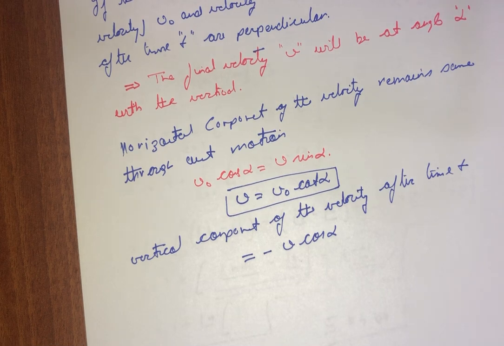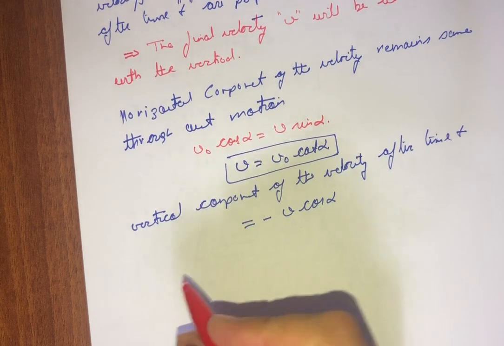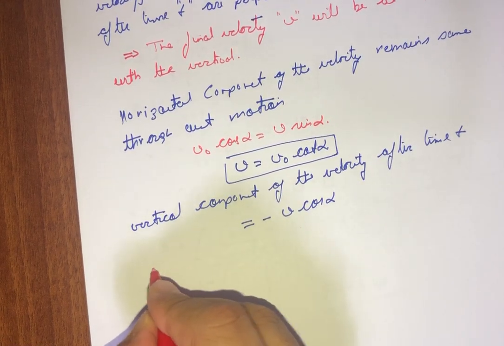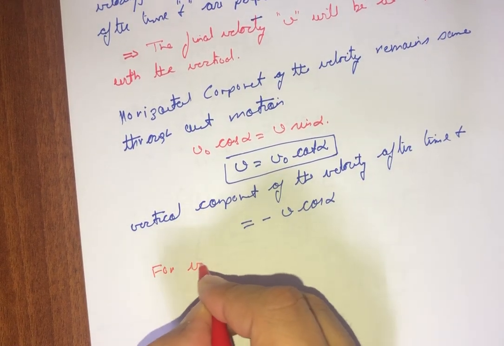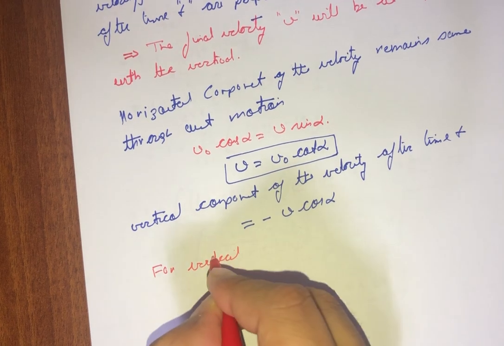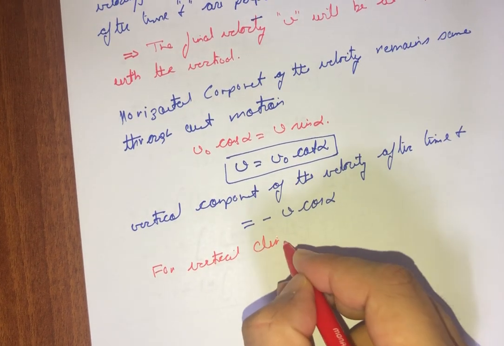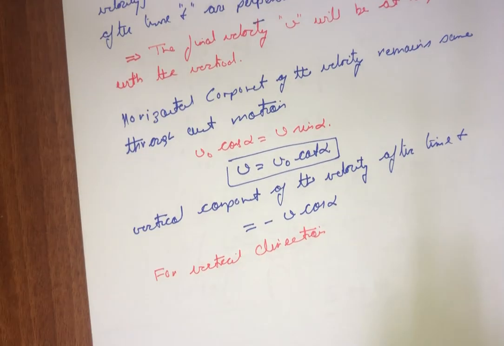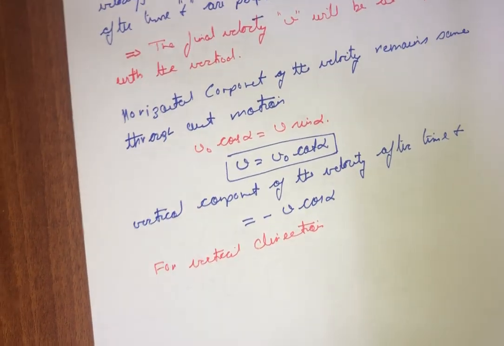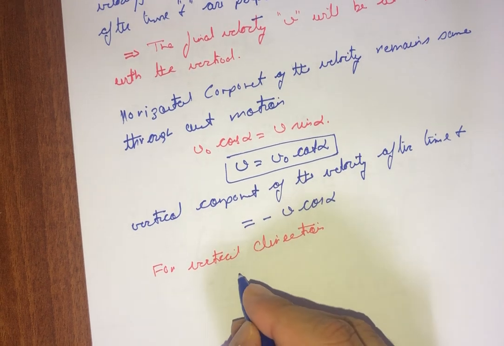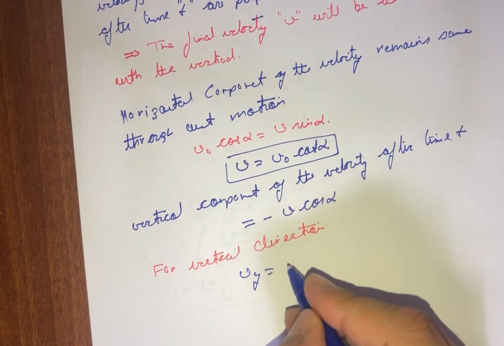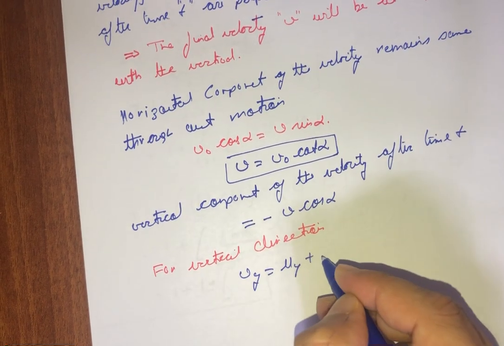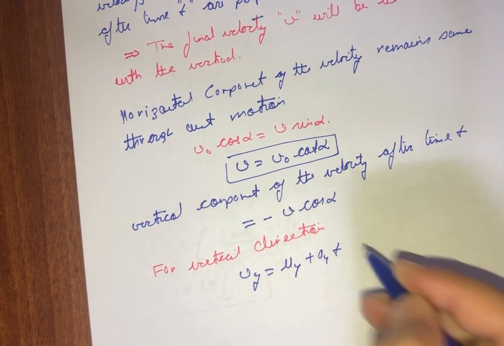Okay, next what we do, we use the kinematics equation specifically for the vertical direction. So for vertical motion, we can write the equation of kinematics as Vy is equal to Uy plus Ay multiplied by t.